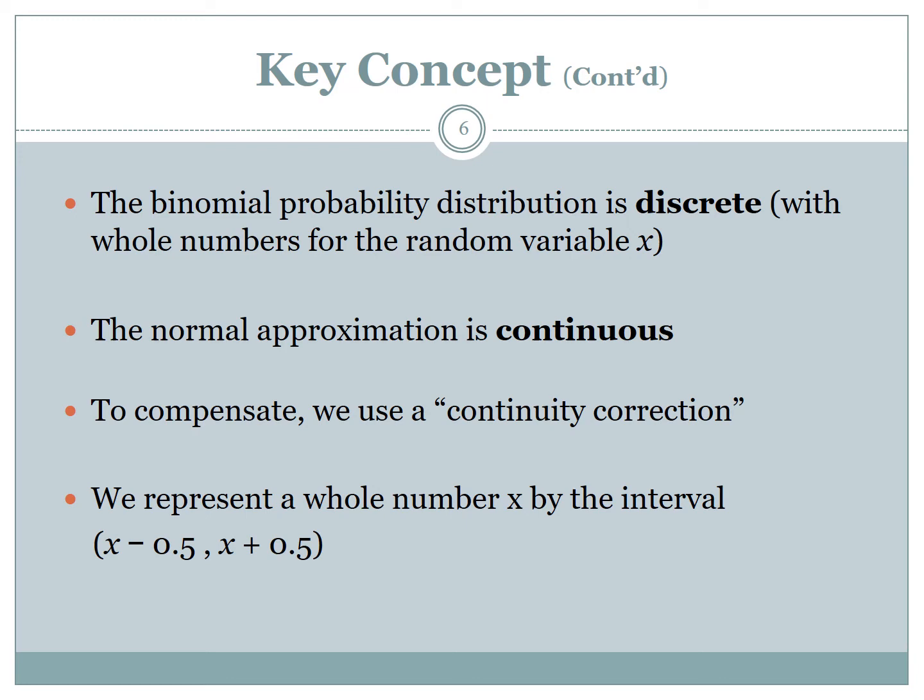In other words, we have a whole number x in the binomial probability distribution, and we need to turn that into an interval on the normal distribution. And that's easy enough. We make an interval by backing off 0.5 to the left and going to the right 0.5 from x. So that gives us the interval x minus 0.5, x plus 0.5.